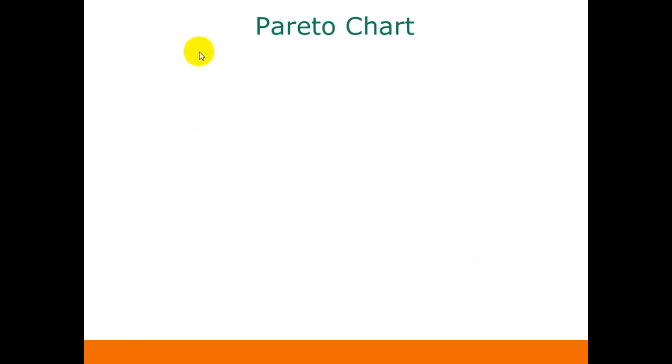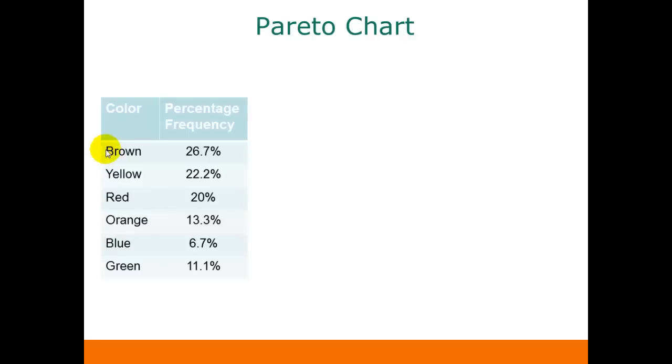Now finally we'll look at a Pareto chart. And for a Pareto chart you can use frequencies, relative frequencies, or percentage frequencies. I just did this one with the percentage frequencies because we had already used the other two. So here we have our colors and our percentage frequencies.